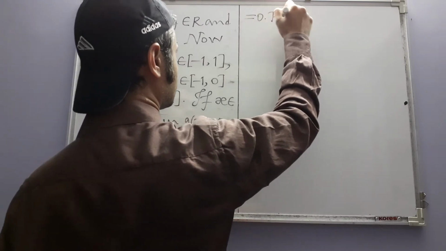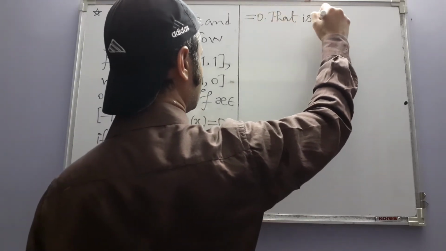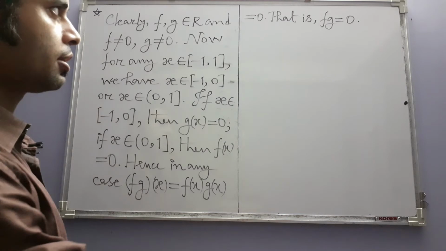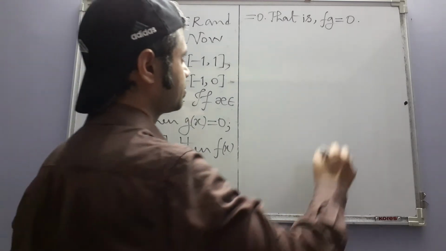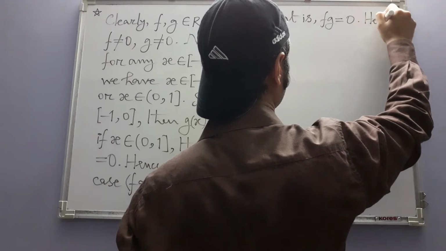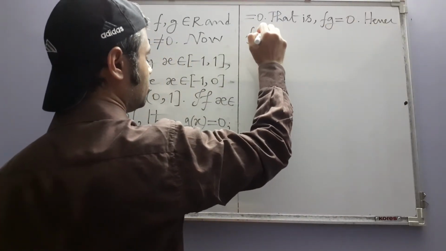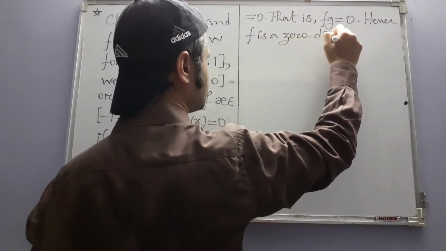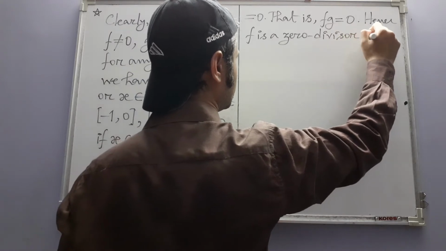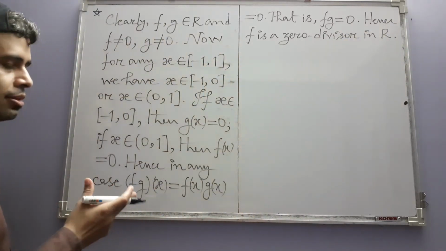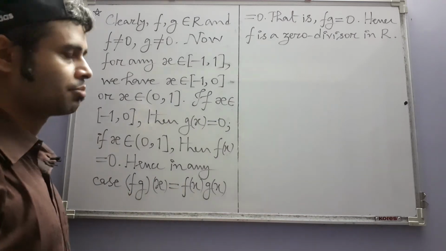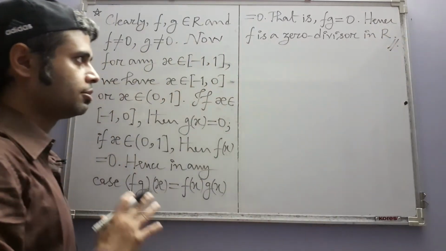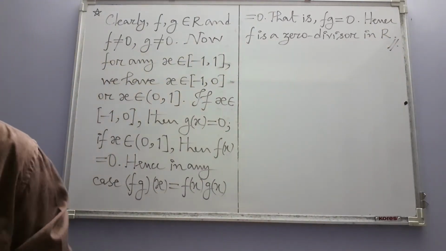That is, the function fg equals the function constantly 0, or the additive identity. Hence, f is a zero divisor in R. Actually, g is also a zero divisor, but it's enough to write just simply about f. So that's just it. We had to show that R has zero divisors. We have shown that it has one, and that's it.